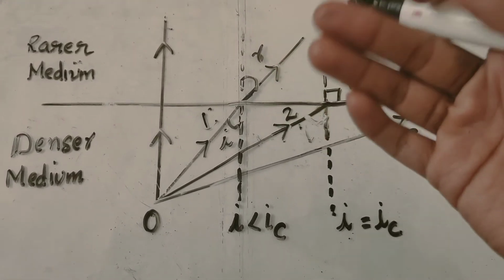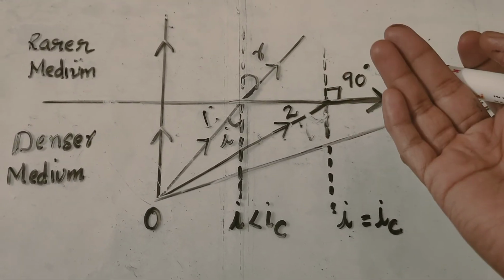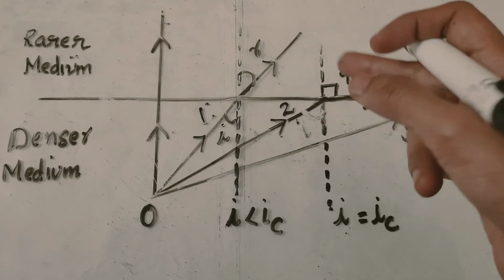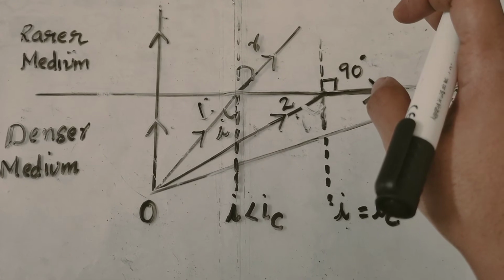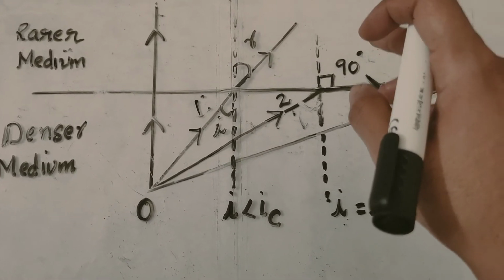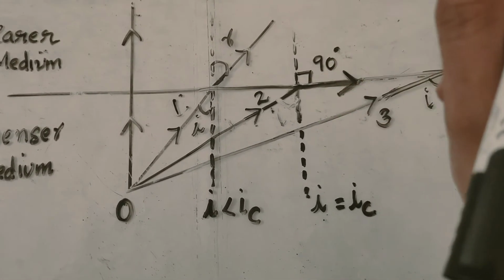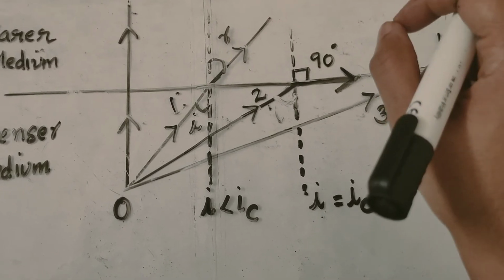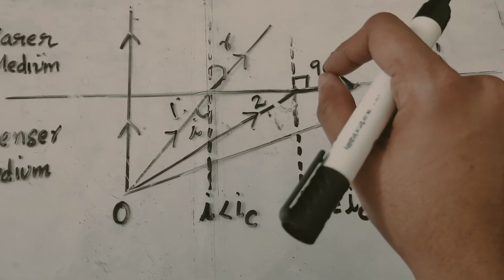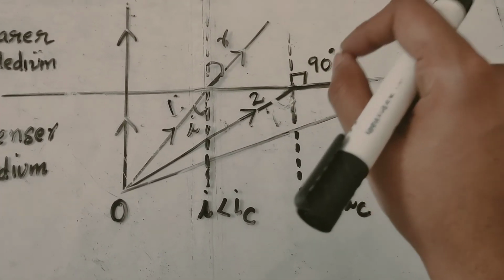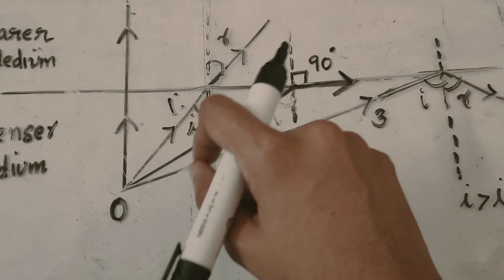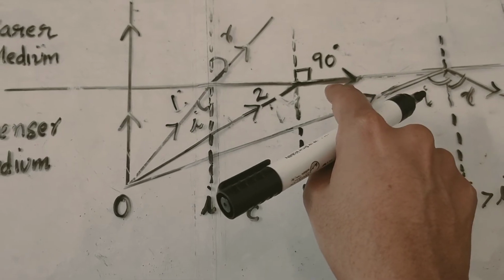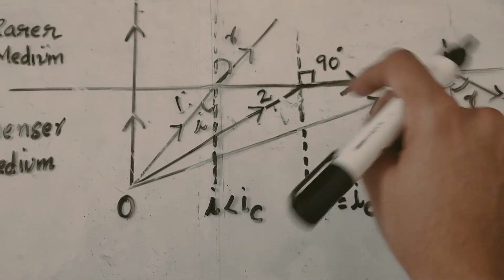For the second time, the angle of incidence increases, then what happens to the corresponding angle of refraction? It also increases. Then for a certain angle of incidence, the angle of refraction becomes 90 degrees. That is, this refracted ray goes along the surface of separation.